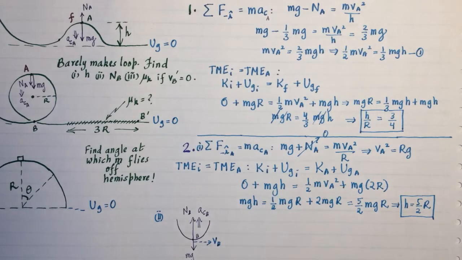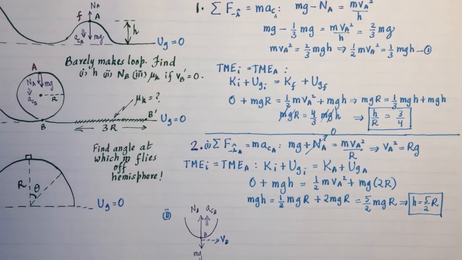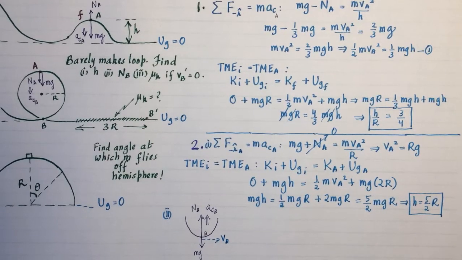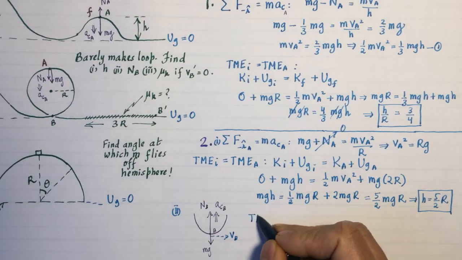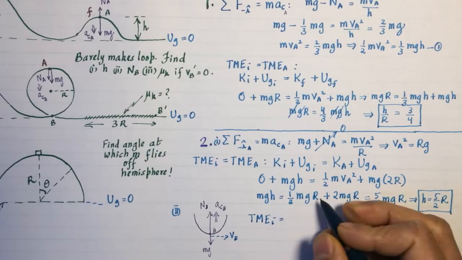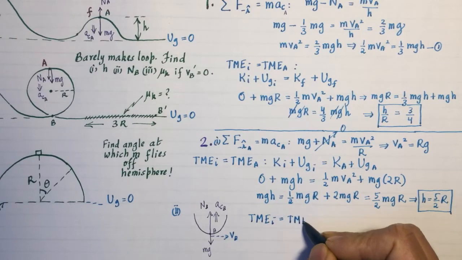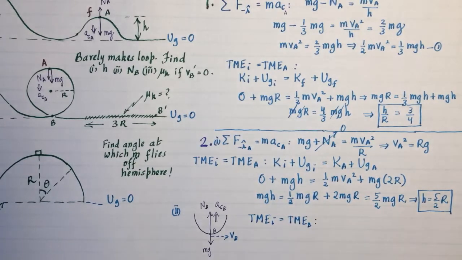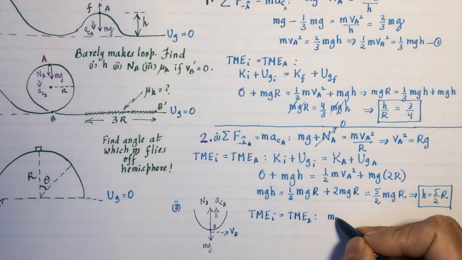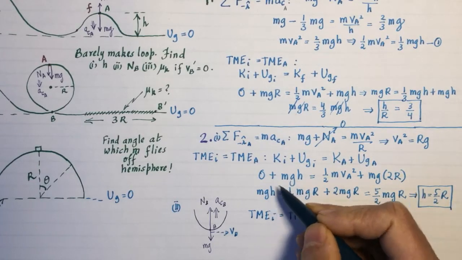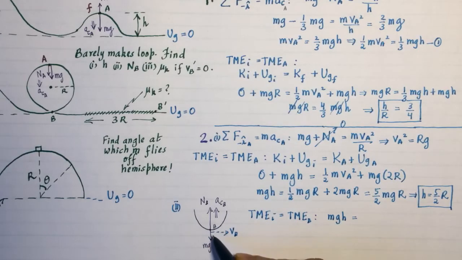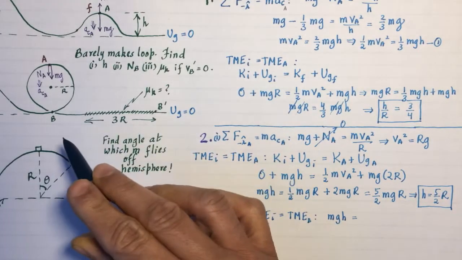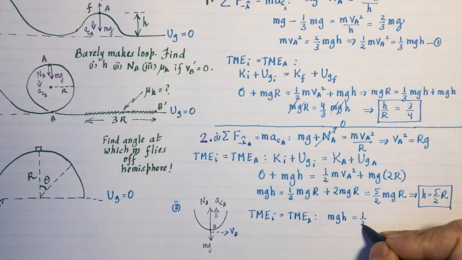To apply Newton's second law, you need the speed at point B. To find the speed at point B, you have two options. You can either use energy conservation between the points A and B, or energy conservation between the initial point and B. I'll do the initial point here. TME_i equals TME at point B. That gives me mgh, which is the total mechanical energy at point I, equals, there is no gravitational potential energy at point B, so there's just going to be 1/2 m v_B squared.